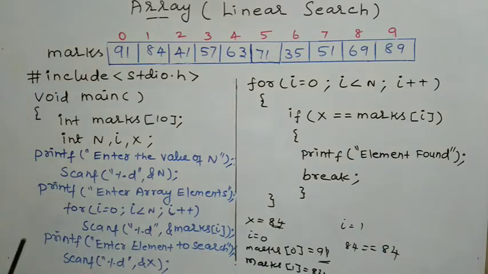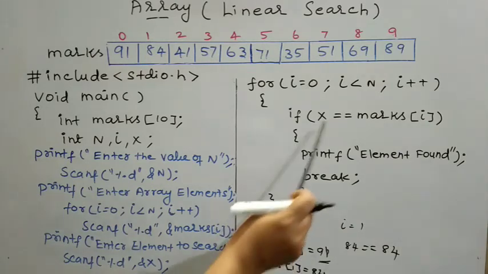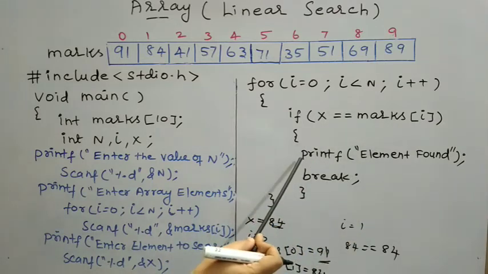It checks whether 84 is equal to 84. The element which I am looking for, x equal to 84, is equal to the element in index position 1 of the array, that is 84. The condition is satisfied, so it will print the message "element found".